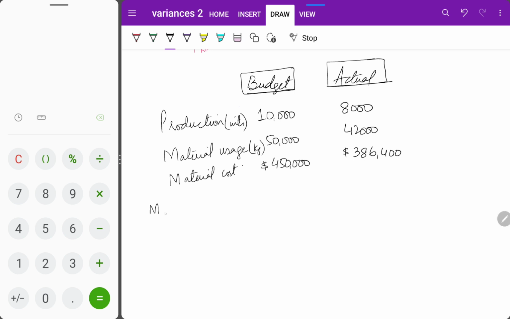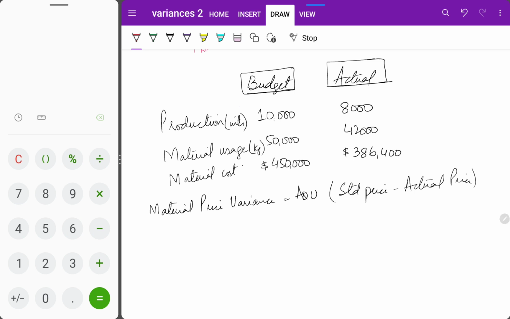If you recall the formula of material price variance, it was the difference between standard price of raw material minus actual price of raw material, into actual quantity used. The problem is that in this question, standard price is not given, and neither is the actual price.